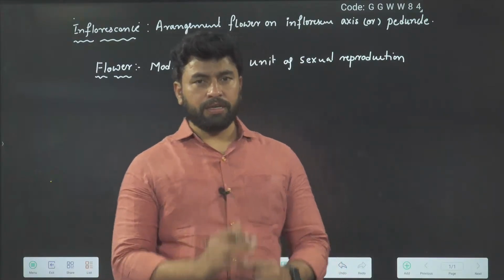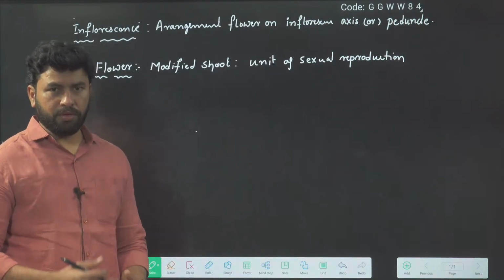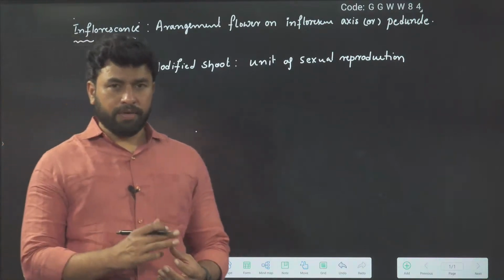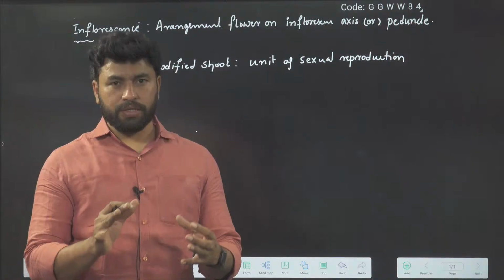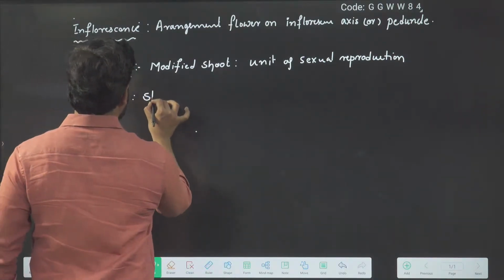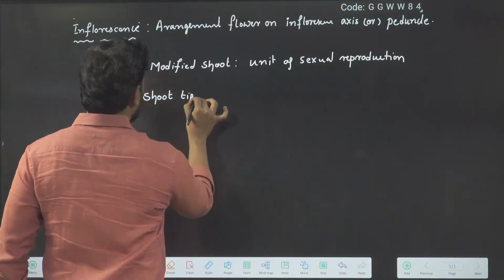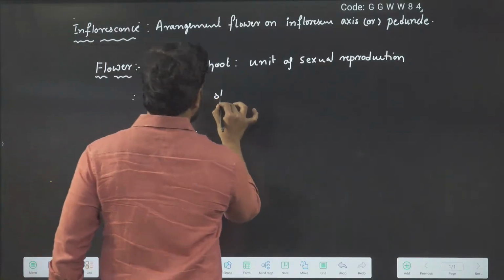And before that, you said flower is the modified shoot. How do you justify that a flower is a modified shoot? Imagine shoot tips, or particularly we can say shoot buds.